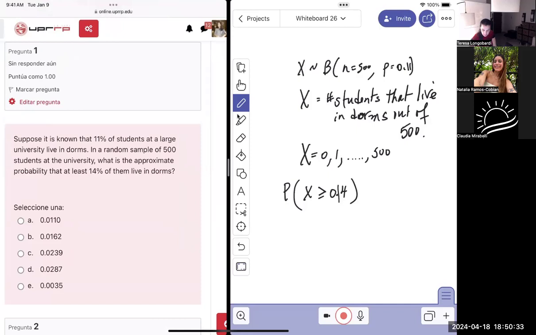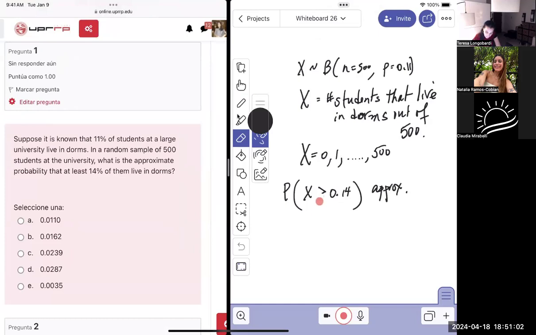Let me fix this, because that's what you want to find out, and you want to find an approximation. The question didn't ask for the exact value. What is 14%?